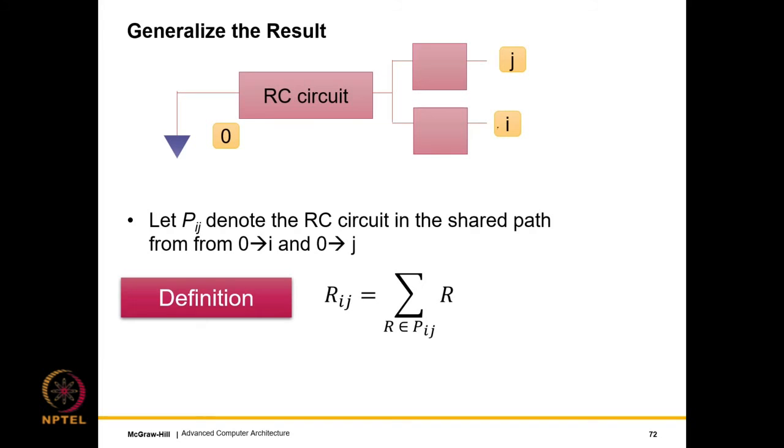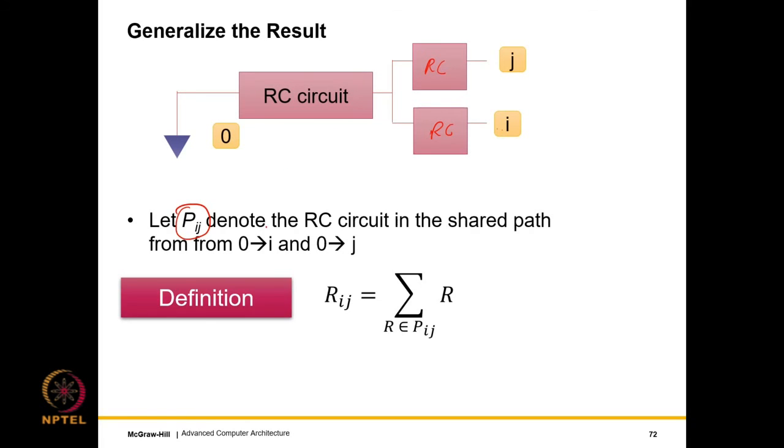So let us say you have two terminals I and J, and of course this stands for an RC circuit, and let's say that we want to find out the effect of a current source placed at J on terminal I. To do that, we model the RC tree in this fashion, where of course they will have their separate branches, but at some point they will merge.